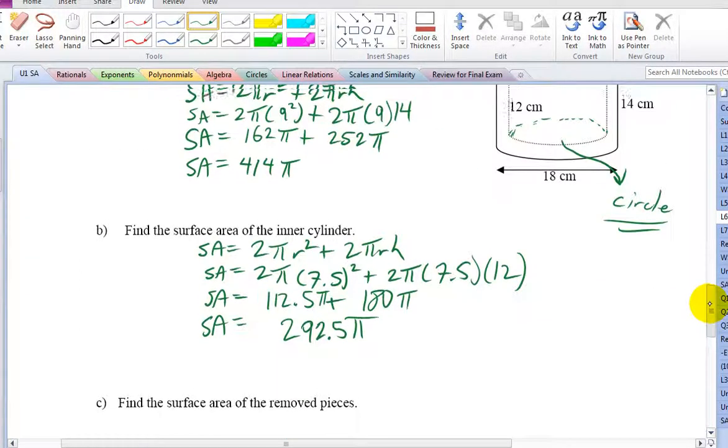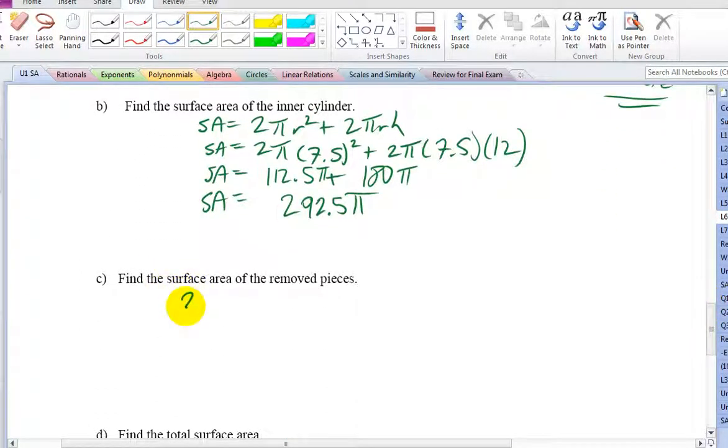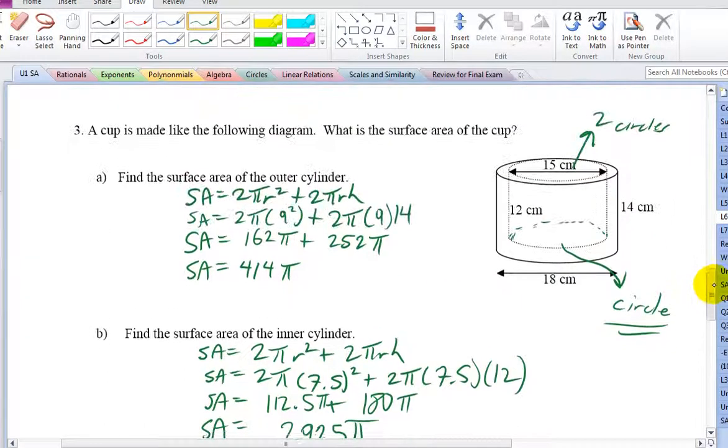So surface area of the removed pieces would be 2 circles. Area equals 2 pi r squared, or just find 1 and then multiply by 2. What's the top circle?